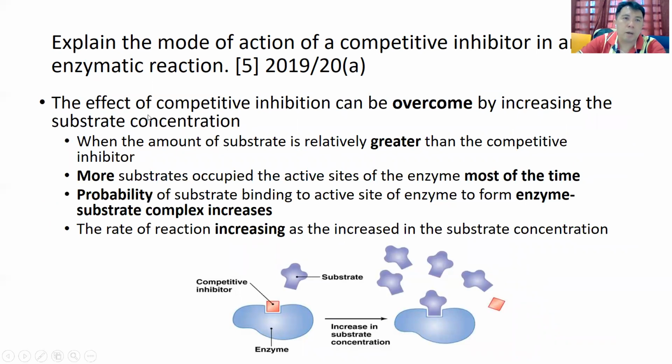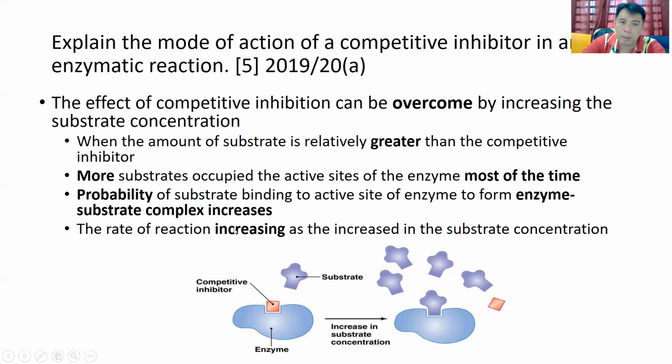The effect of competitive inhibition can be overcome by increasing the substrate concentration. These are extra. When the amount of substrate is relatively greater than the competitive inhibitor, more substrate occupies the active site of the enzyme most of the time. The probability of substrate binding to the active site of the enzyme to form the enzyme-substrate complex increases.